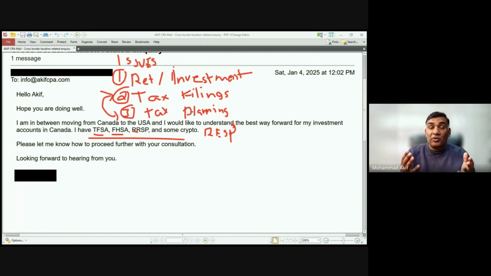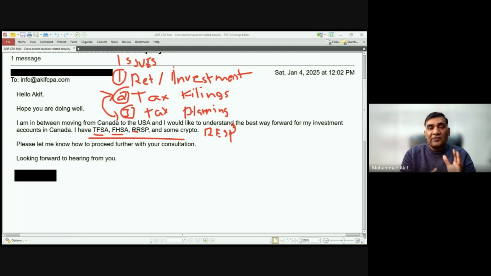We should report whatever is required, but if you can do planning, we can minimize it, because this way you can make your cross-border taxes simple, manageable, and easy.